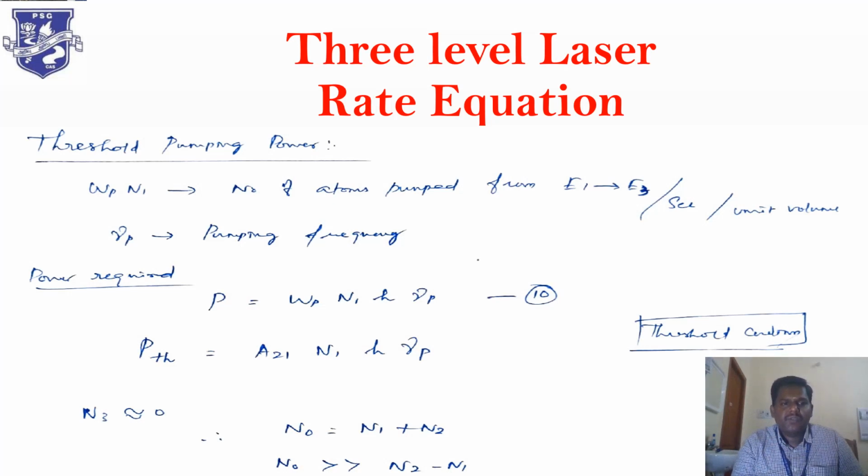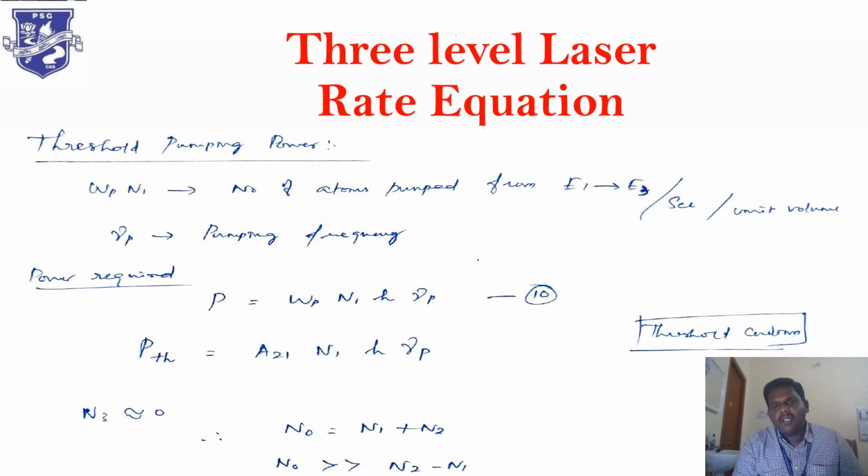So the minimum amount of power required to pull the atoms from E1 to E3 is WP N1 h nu P. Here h is the Planck constant, nu P is the external photon frequency, N1 is the number of atoms available in the ground state, and WP is the work done by the pumping process.